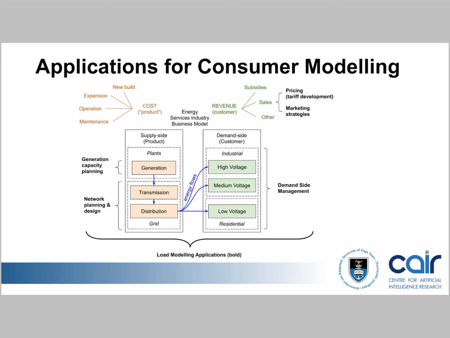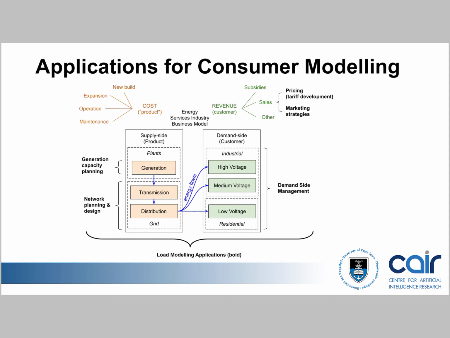So if we look at the energy services industry business model, we've got cost, which you can think of as the product, and revenue generation activities, which relate to the customer. If we think of energy sales as being the major contributor towards revenue generation, we could use consumer modeling to get better insights or make better decisions related to pricing and tariff development. We could use consumer modeling and customer archetypes for marketing strategies.